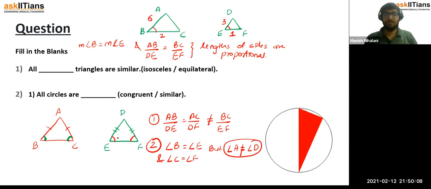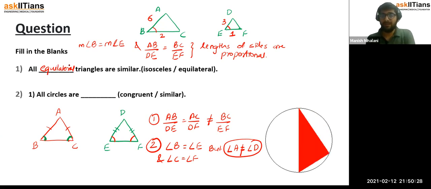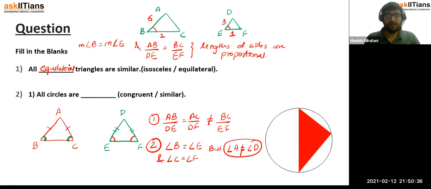So in this case, we would say all isosceles triangles need not be similar. Okay? So first one, we would say therefore all equilateral triangles are similar, because all equilateral triangles have angles as 60 degrees and they have same congruent sides. So their sides will always be in proportion and their angles will always be equal, right?